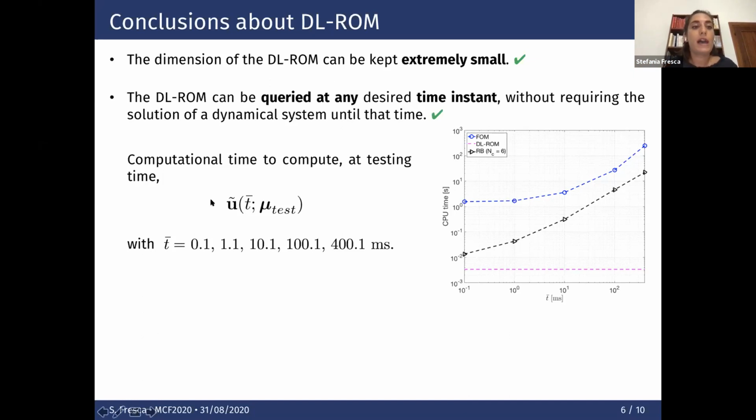For example, if we are interested in computing the ROM approximation at testing time at the final time, here we get a speed up: the DL-ROM is about 607 or 7,000 times faster than the POD-Galerkin-ROM and the FOM.